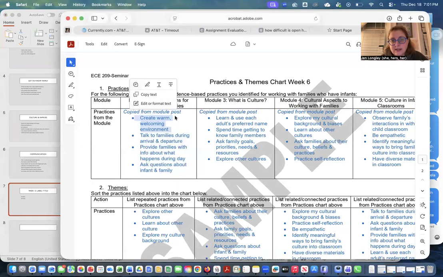Look at your practices, look through all of these practices in your week 12 chart and make sure for module 6, module 8, module 9, module 10, module 11, and make sure there's no practices that don't have a place to fit or that you haven't put into the place where you want them to be. Okay, make sure that you have all your practices in their place.